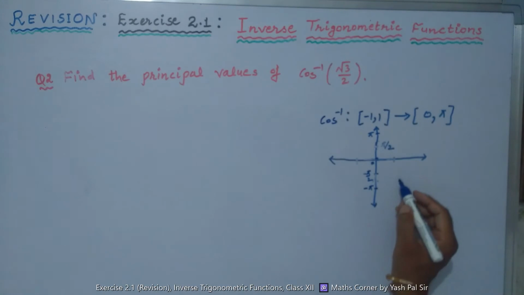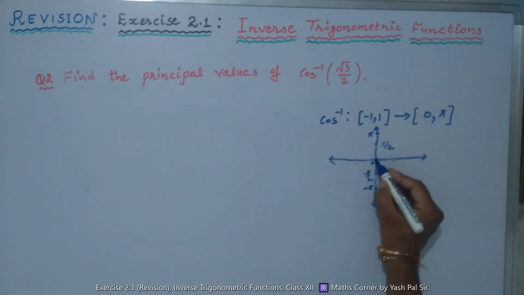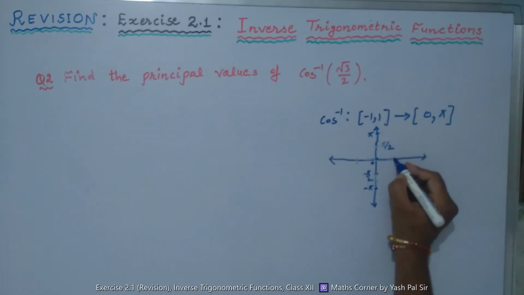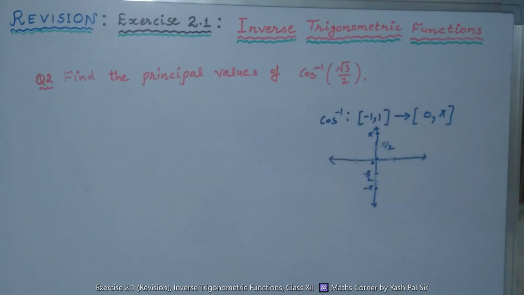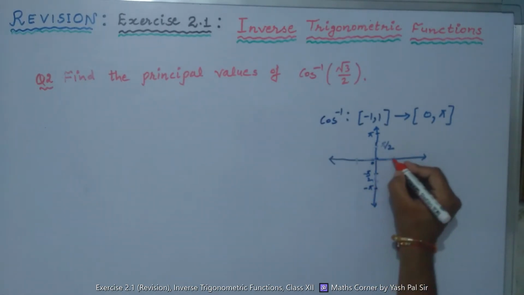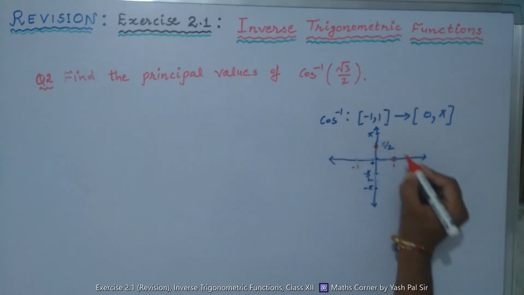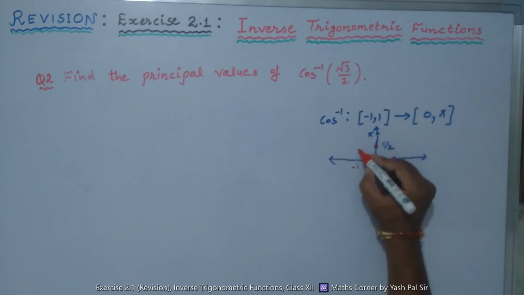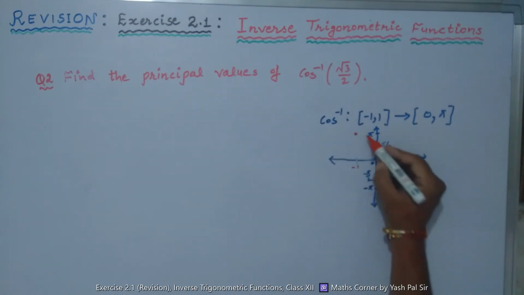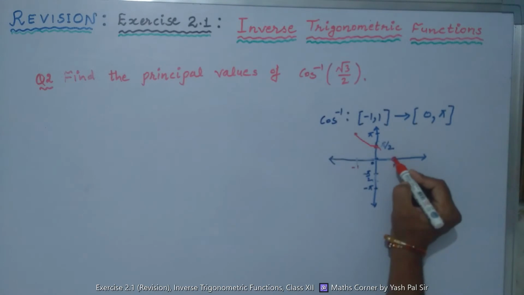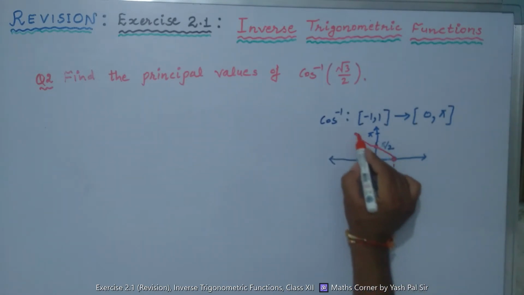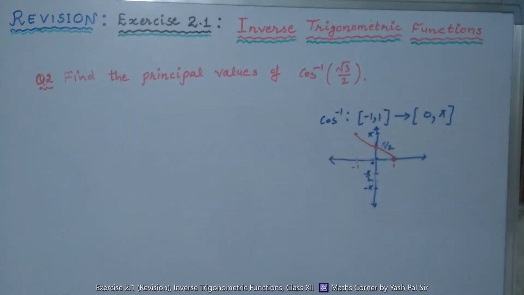So 0 to pi is the only principal value branch of the cos inverse function, because cos 0 is plus 1, cos pi by 2 is 0, and cos pi is minus 1.